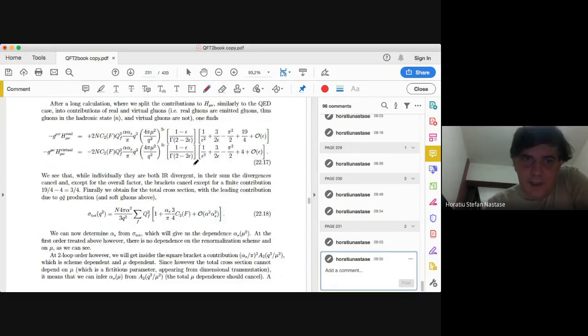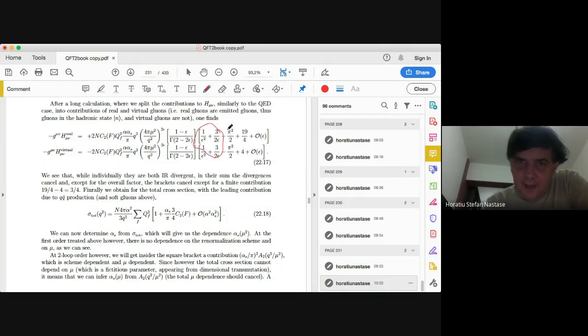This comes with plus, this comes with minus. We see that these are both infrared divergent, but when we add them up, that's the point: the diagrams with loops and the diagrams with emitted photons or gluons should cancel their infrared divergence and just leave a finite result. So indeed, these divergences cancel.